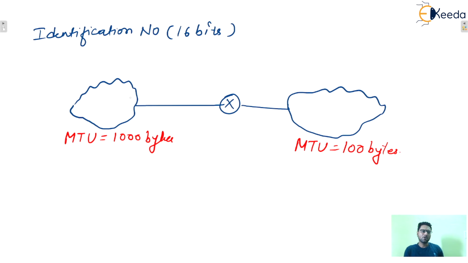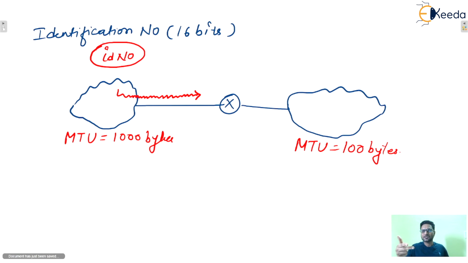Now, any datagram, let's say one datagram is transmitted here. Whenever any datagram is transmitted, one ID number will be there for each datagram to distinguish it uniquely. So every datagram will have one identification number, and that will be distinct among all datagrams.